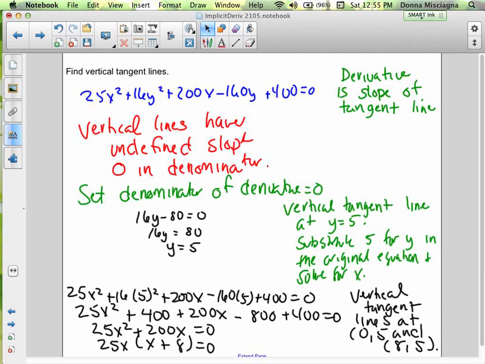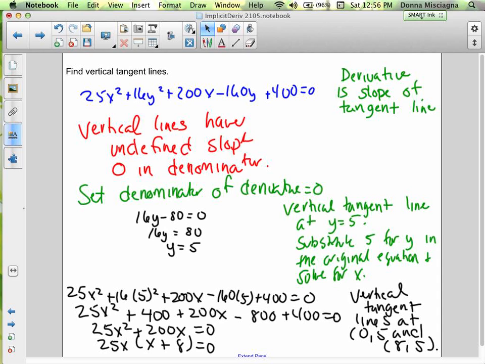So I plugged in, so I have 25 times x squared plus 16 times 5 squared plus 200x minus 160 times 5 plus 400 equals 0, gives me 25x squared plus 400 plus 200x minus 800 plus 400 equals 0. And so I'm left with 25x squared plus 200x equals 0. Factor out the greatest common factor, 25x.